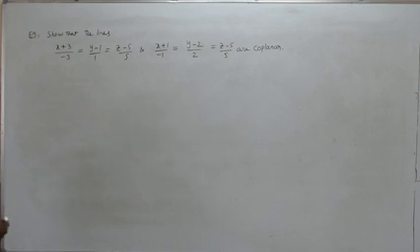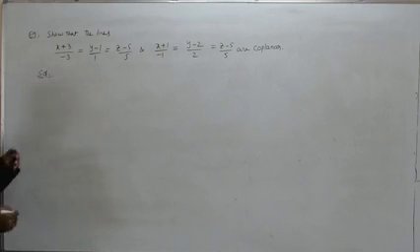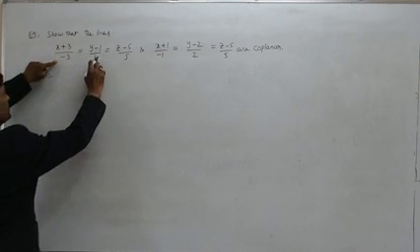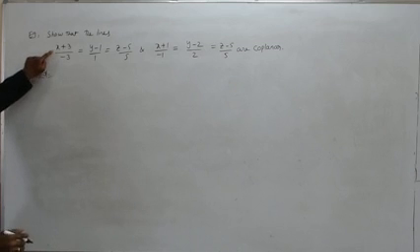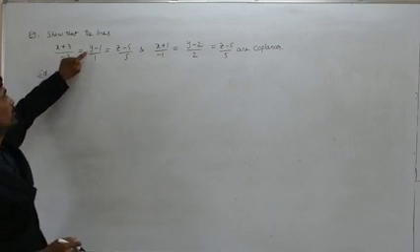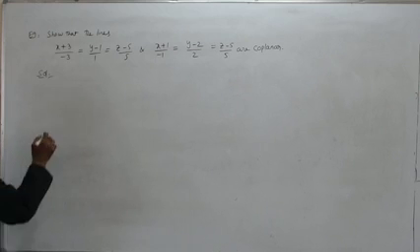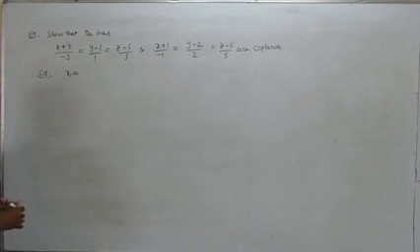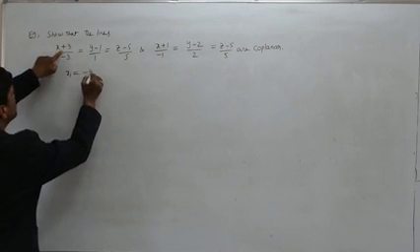So compare the given two lines with what? Compare the first line with (x minus x1)/a1 equals (y minus y1)/b1 equals (z minus z1)/c1. Then what will you get for x1? If you compare this equation, the x1 value becomes minus 3.